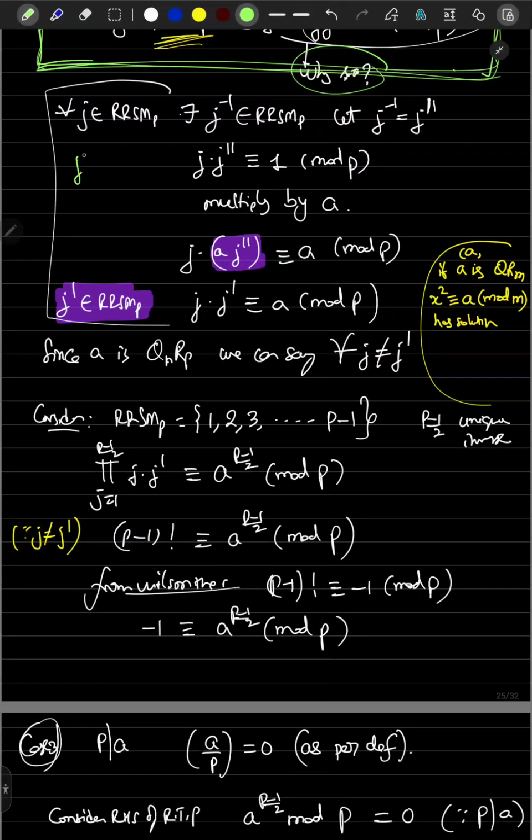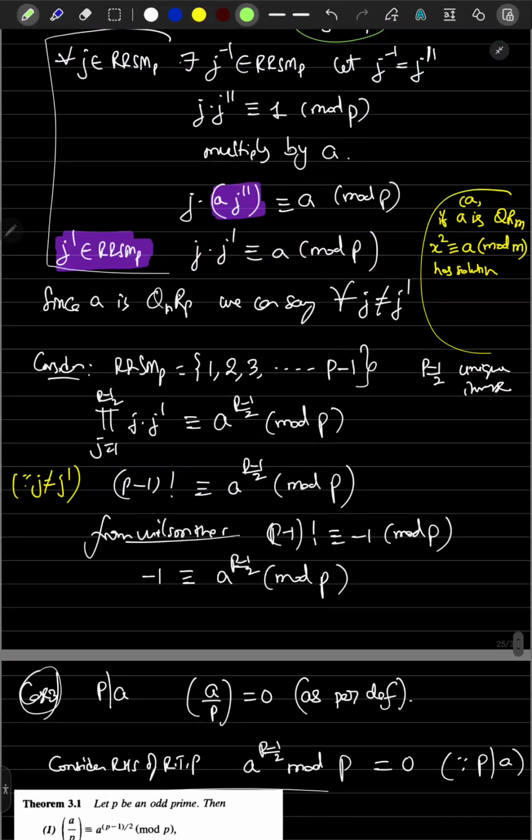We know this normal concept: j into j inverse is 1 mod P. J inverse, in place of that I have written j double dash. Now I am multiplying a on both sides. So what will become? j into j double dash a is congruent to a mod P.